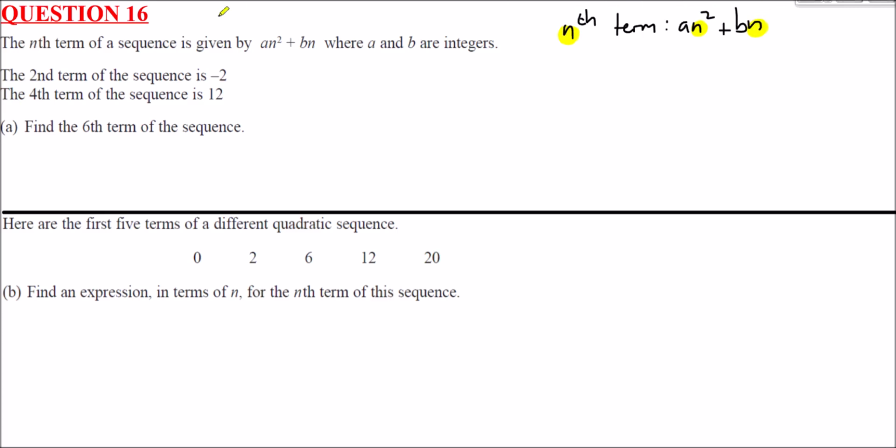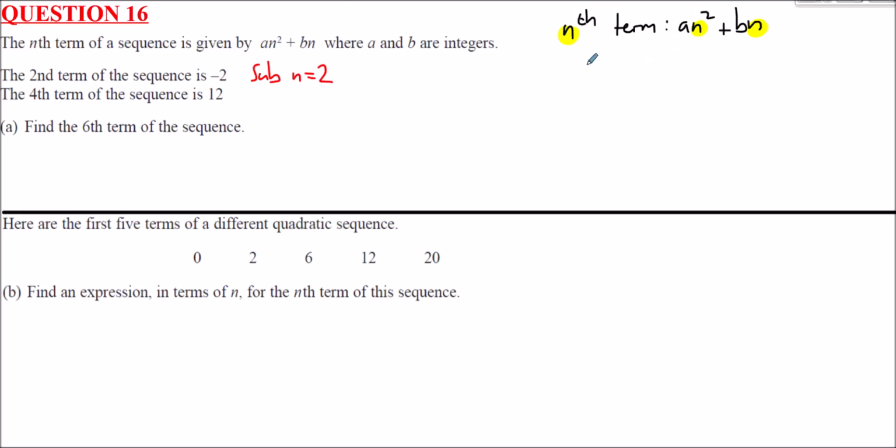So we're told here the second term is -2. So if we sub in n equals 2, the second term is -2. So when n is 2, the nth term is -2.